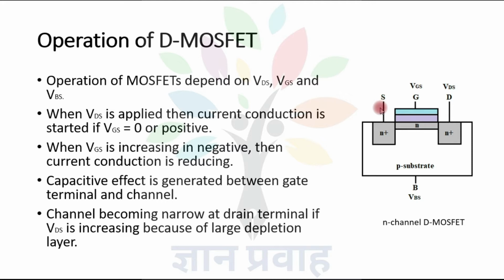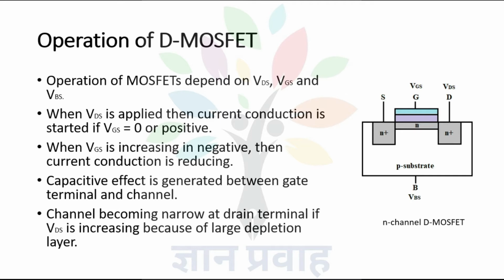The overall operation of the MOSFET depends on the VDS voltage, VGS voltage and VBS voltage. When we are not considering any body effect, then VBS is 0. It means the source and body terminals are connected together and connected with the ground terminal. So when we apply the power supply voltage, there is a path between the drain and source terminals, so current conduction starts.